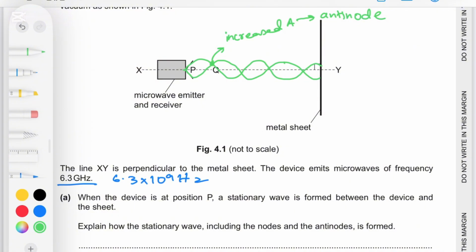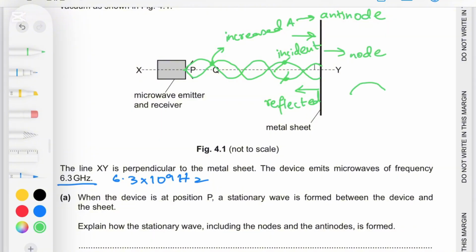Let's say this was the incident wave, the wave that heads towards the screen, and then you have the reflected wave. When their trough and peak overlap, this cancels out the amplitude, leading to destructive interference that produces a node in the standing wave.